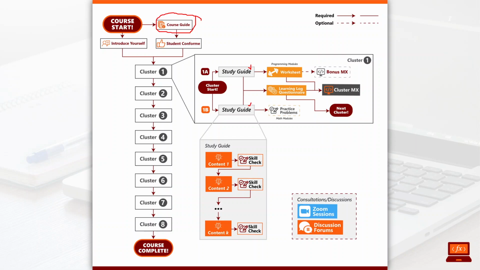So after ng study guide nyo sa programming part, may worksheet. May worksheet pero that's a hands-on exercise guide. Magpe-present siya ng mga exercises para mas ma-gets nyo yung topic sa programming part, on how to use yung diniscuss sa study guide.